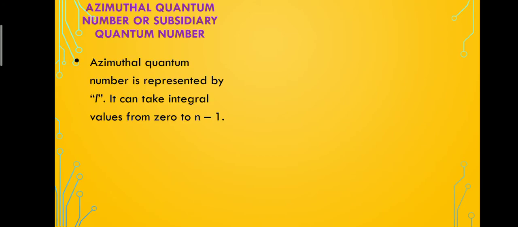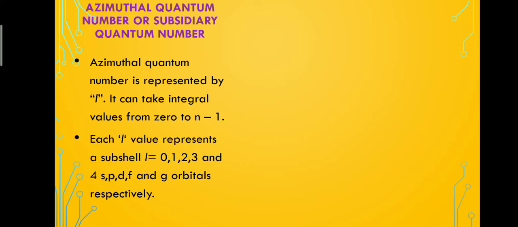The next one is the azimuthal quantum number, or subsidiary quantum number, and it is represented by small l, and it can take integral values from 0 to n minus 1.